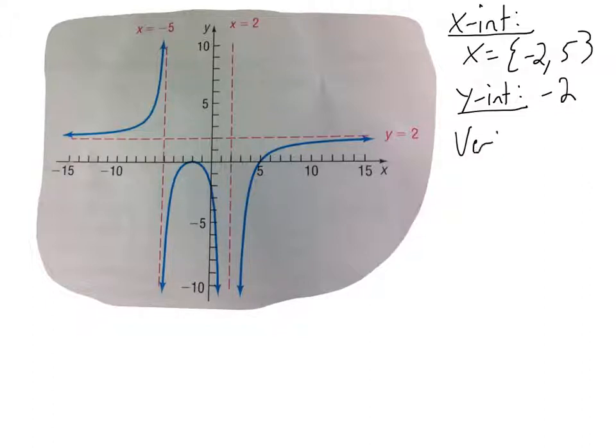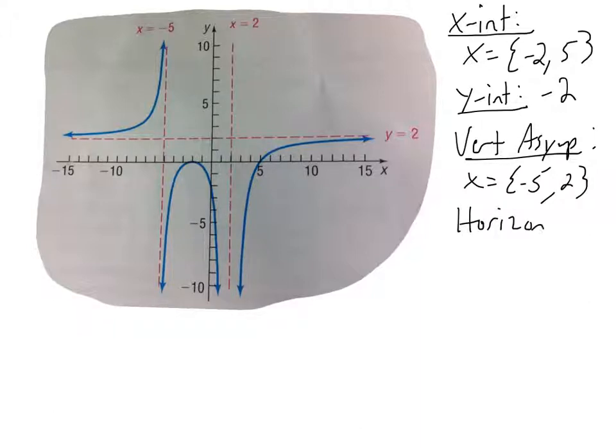Vertical asymptotes at -5 and 2. And horizontal asymptote at y is equal to 2.